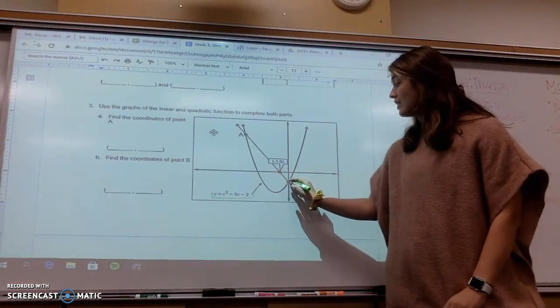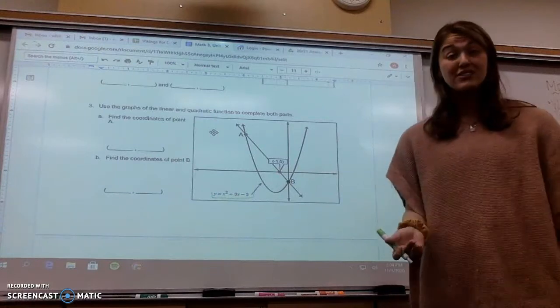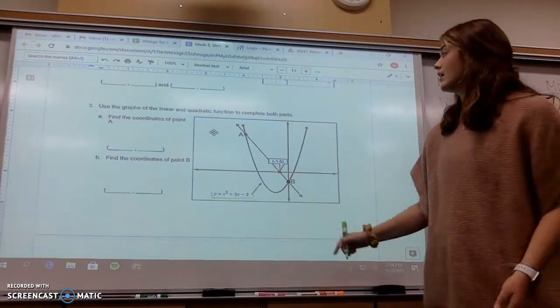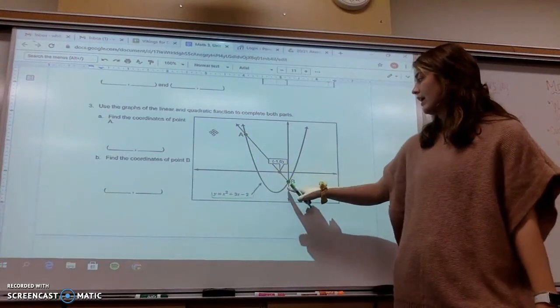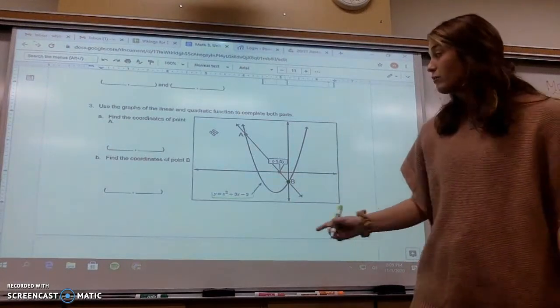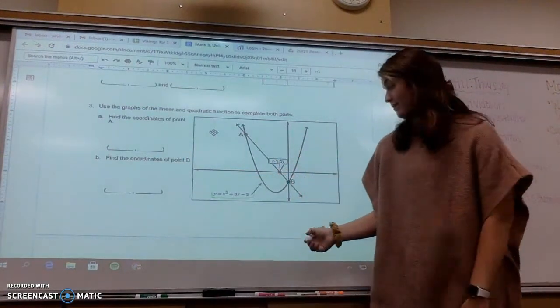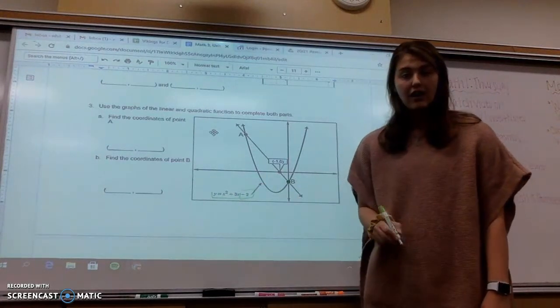Where I know that my point B is crossing at the intercept of our parabola and our y value. So we know our B coordinate already, actually. And we know it by looking at this problem right here. Okay?